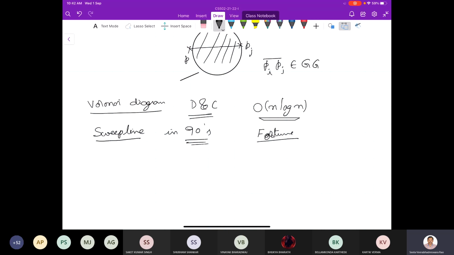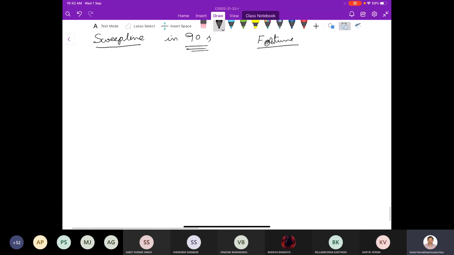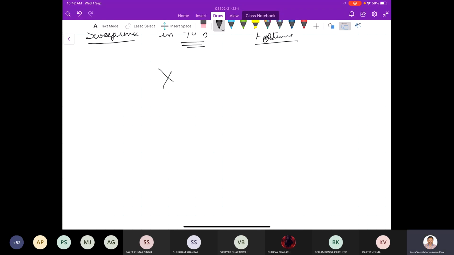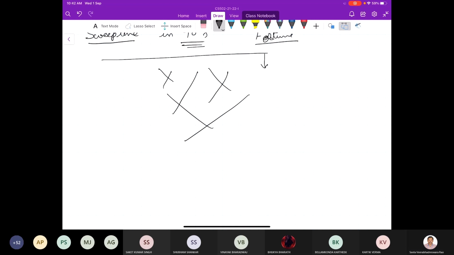If you look at the sweep line algorithm, we already discussed it for the line segment intersection problem. We have line segments and we are sweeping a plane from top to bottom. In the process, we are able to encounter the intersection points while sweeping.